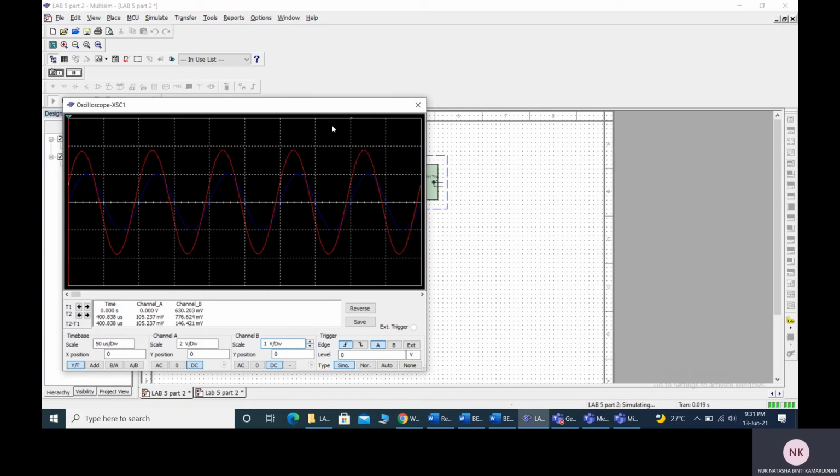Then I will move the cursor to the peak, and I get 1.855 volt.